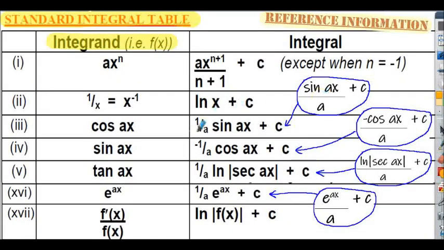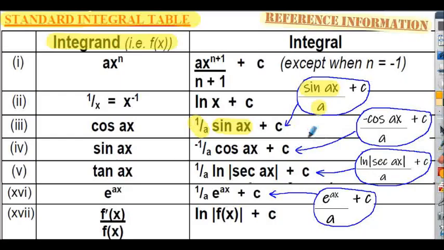Just for clarity, some students are slightly confused by the formatting shown in the table, where it shows, for example, 1/a multiplied by the sine of ax plus the constant of integration c. That could actually be written as sin ax divided by a. So multiplying by 1/a is the same as dividing by a.